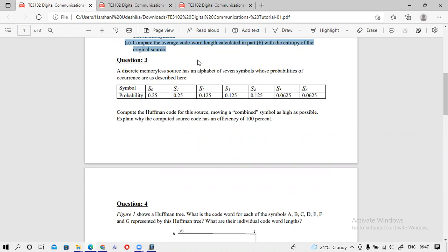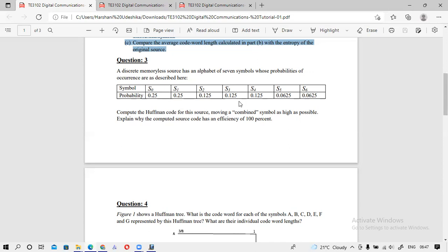What you have to do is sort the probabilities from highest to lowest. Then as usual, you add the least ones and replace them, reducing the probabilities one by one. After that, you can assign the bits. In that way you can do this one also.